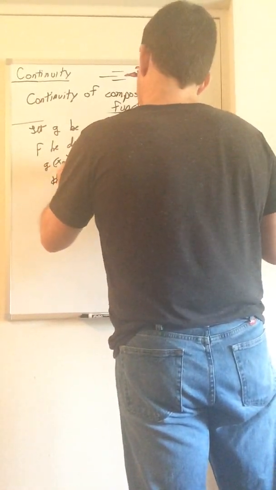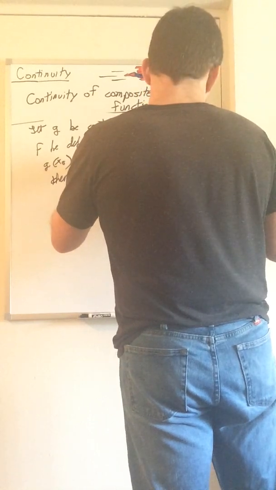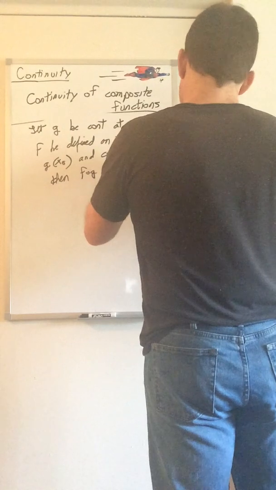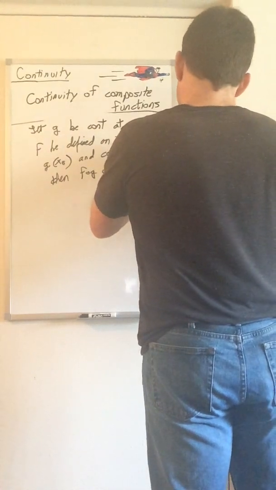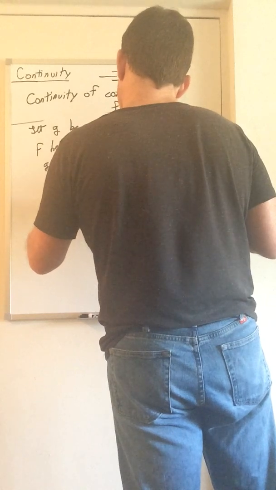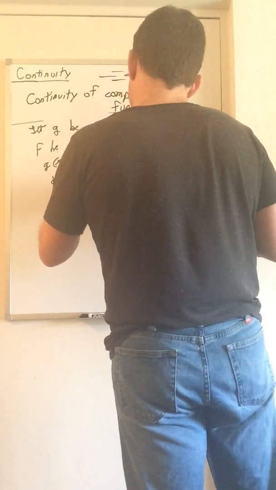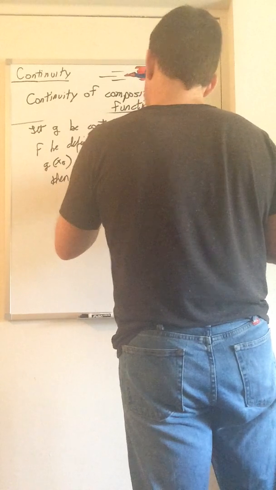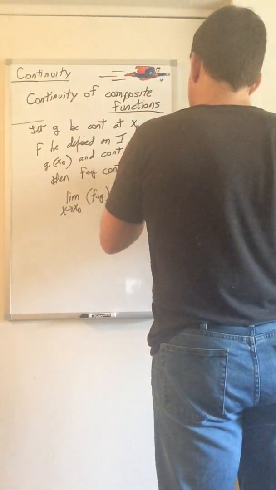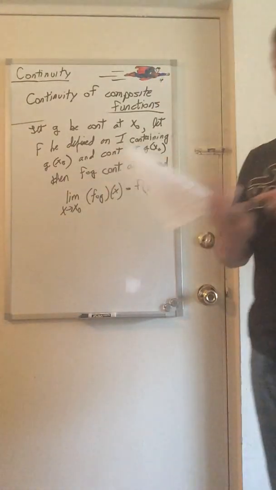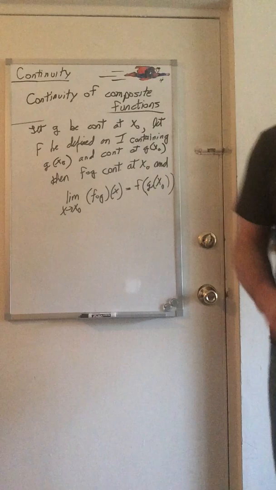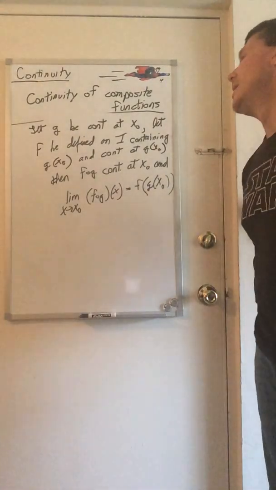Then f composed with g is continuous at x sub 0, and the limit as x approaches x sub 0 of f circle g of x equals f of g of x sub 0. Which is, again, essentially our definition of continuity of one regular function.